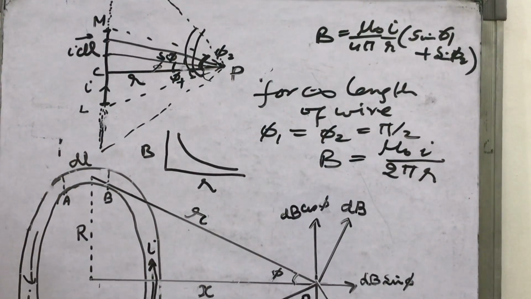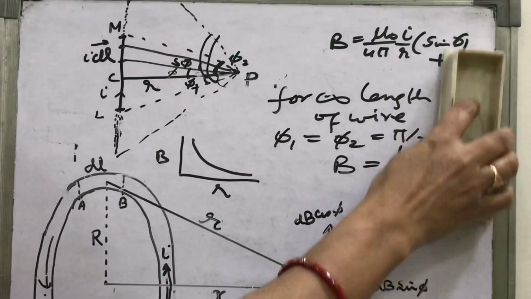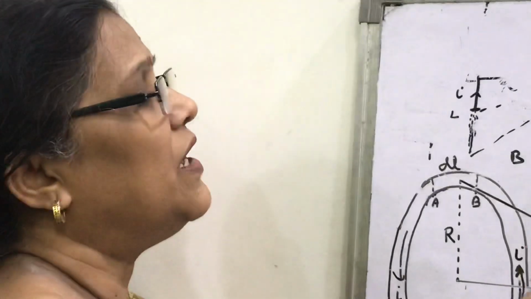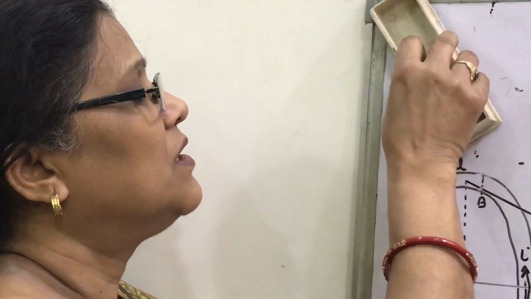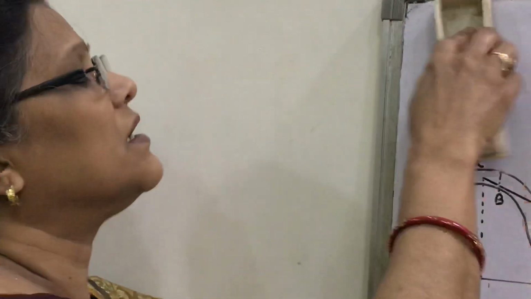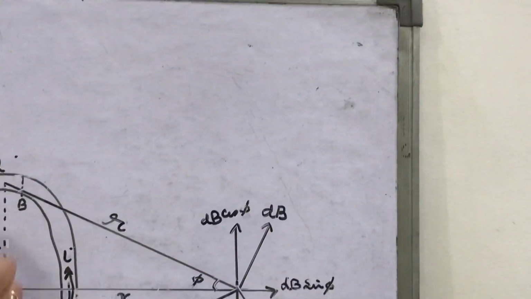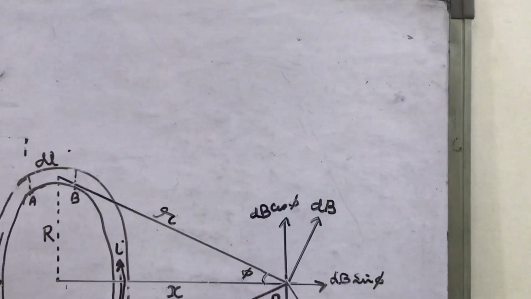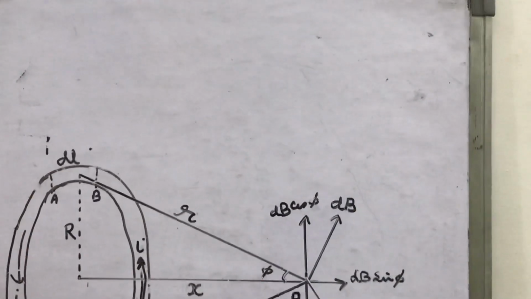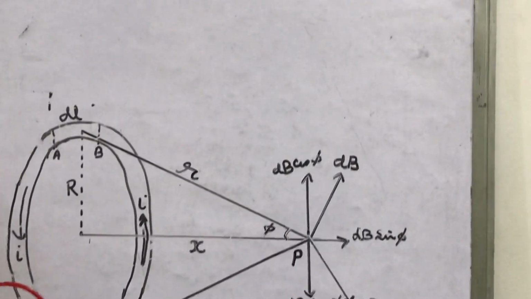Today we will discuss the magnetic field due to a current carrying circular coil. Suppose there is a circular coil of radius capital R, as shown on the board here. In this coil the current is flowing in this way.